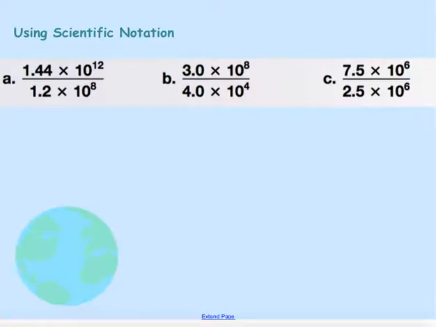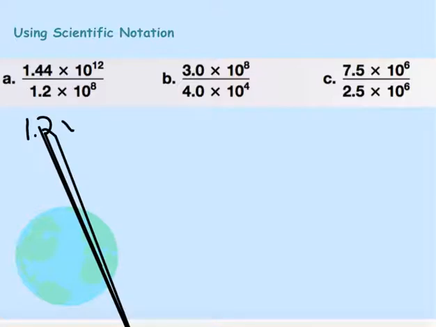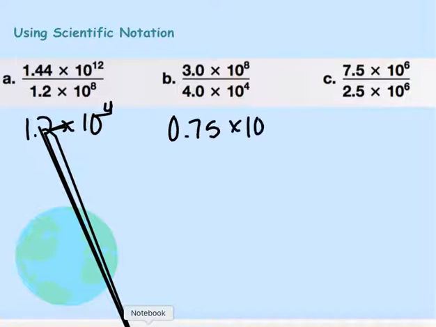Some other examples that you have right here, 1.44 divided by 1.2. Well, of course, we get 1.2 times 10 to the 4th, and that's in scientific notation. And next we have 3 divided by 4, which is 0.75 times 10 to the 4th.